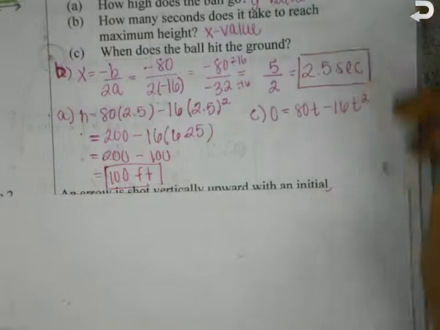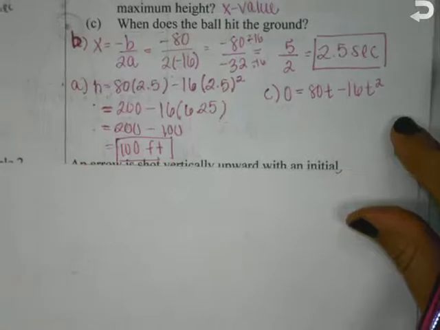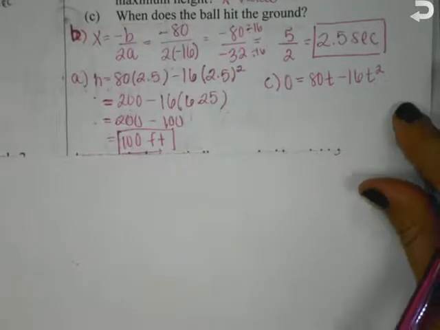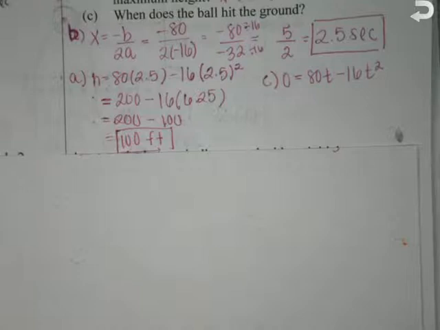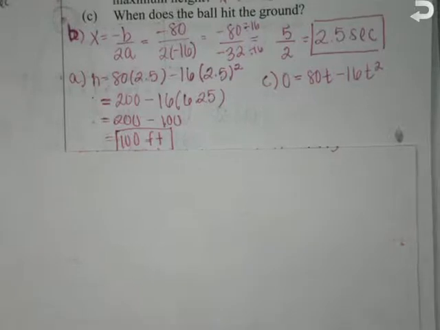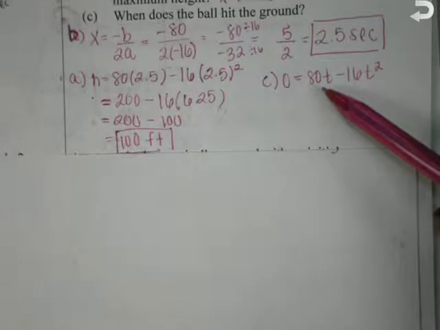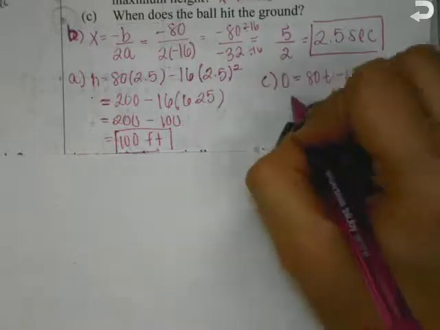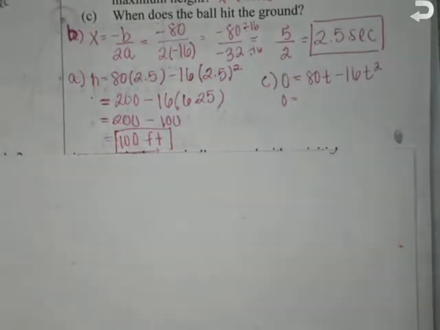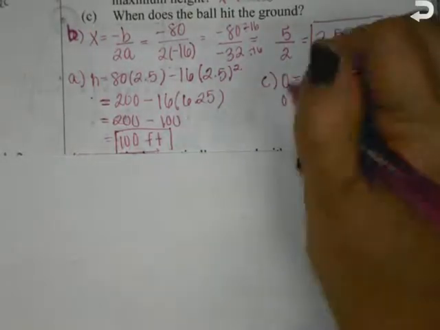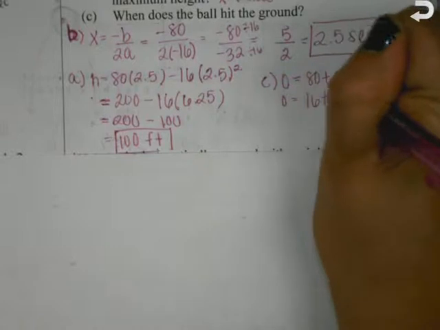We are looking for the x-intercept. So how would I solve this? This isn't a perfect square. Do you guys see a GCF of 16? 16 what? T. So pull out a 16t, and that leaves me with 5 minus t.